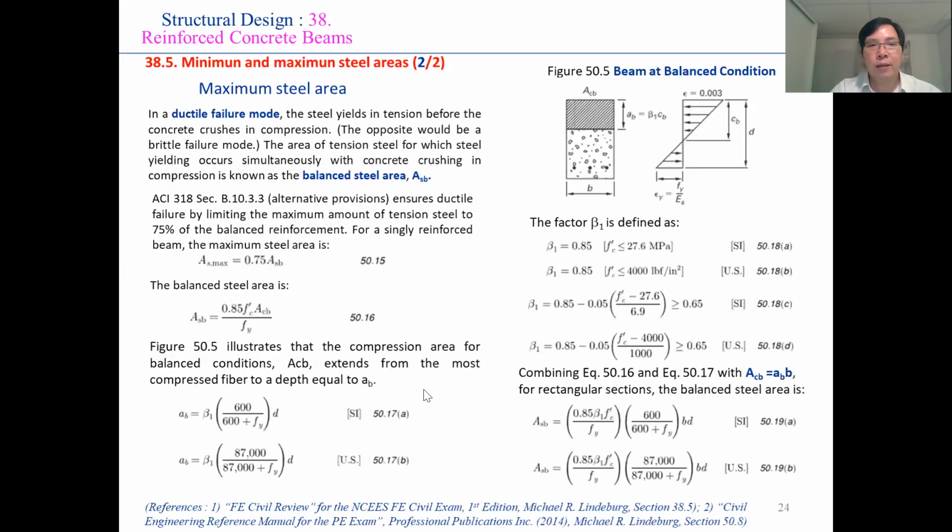Now, in this slide, I would like to show you the equation for calculating the maximum steel area.